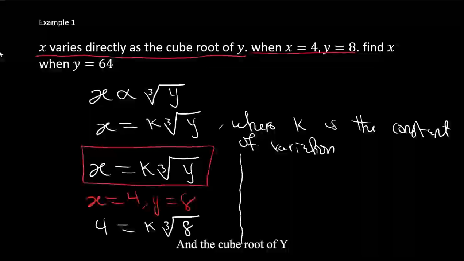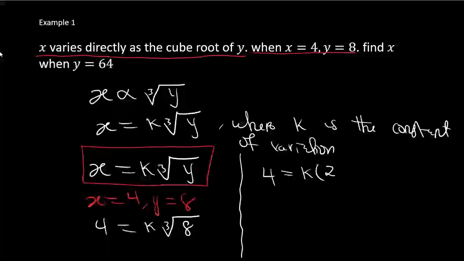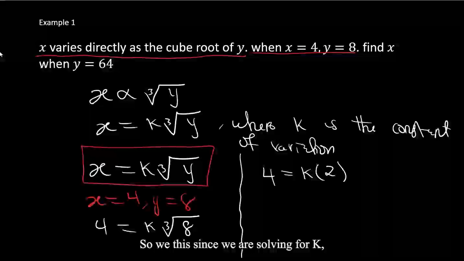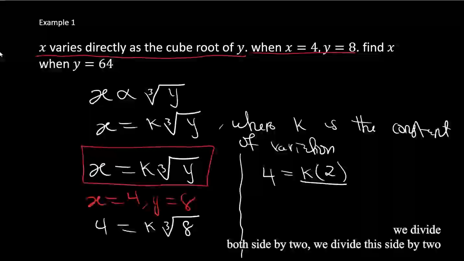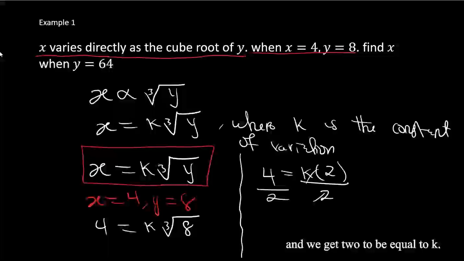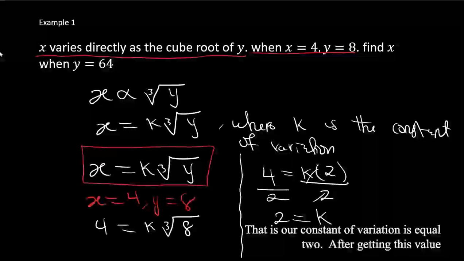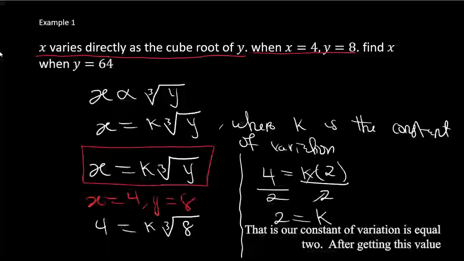And the cube root of Y is going to give us what? So we have 4 is equal to K multiplying the cube root of 8, and the cube root of 8 is going to give us 2. All right, so with this, since we are solving for K, we divide both sides by 2, and we get 2 to be equal to K. That is our constant of variation is equal to 2.